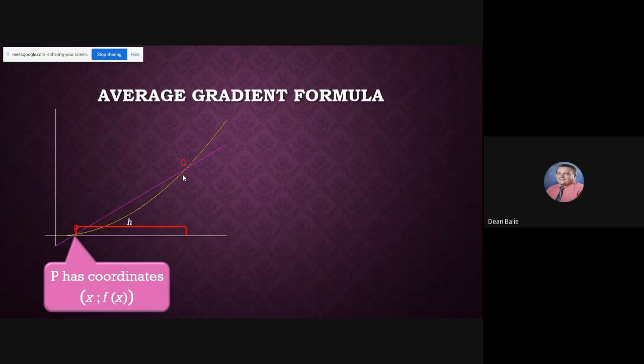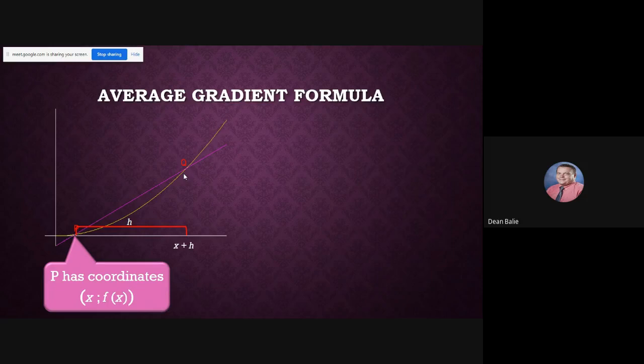So that distance between the x values of P and Q is h. That means that the x value at Q must be what? Give you a moment to think about that. If the x value at P is x, and I've moved h units to get in line with Q, then the x coordinate of Q must be x plus h.